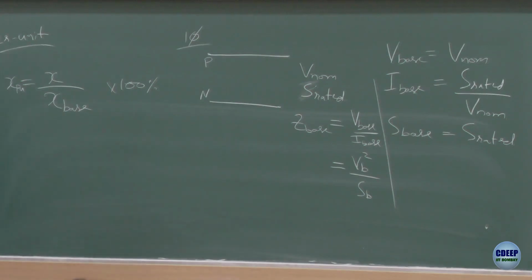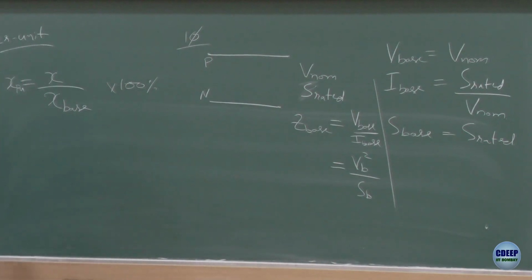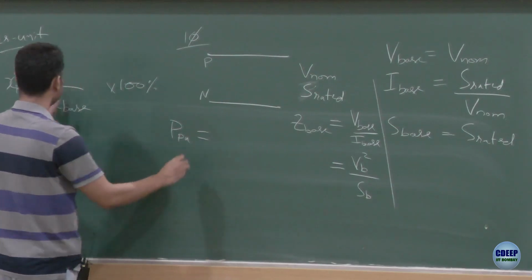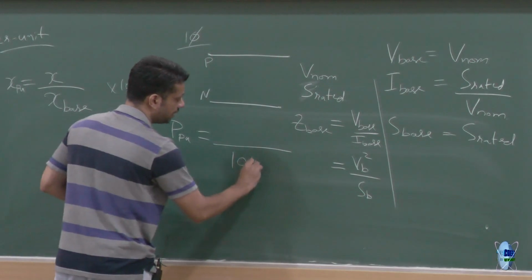Now if I say this is a 10 kVA system and the load is consuming 5 kilowatt of power, then to define P in per unit, S base is 10 kVA.